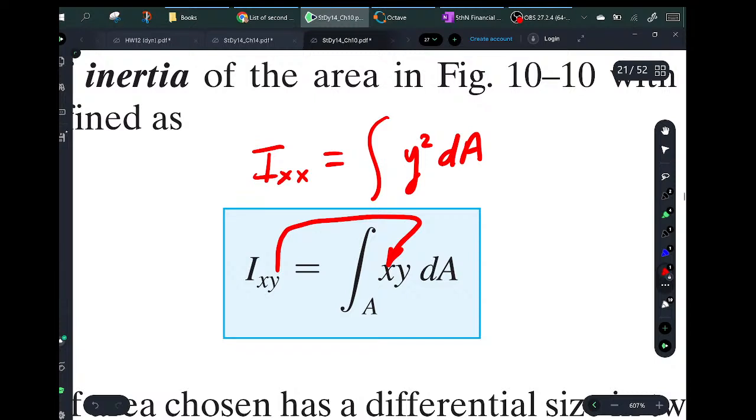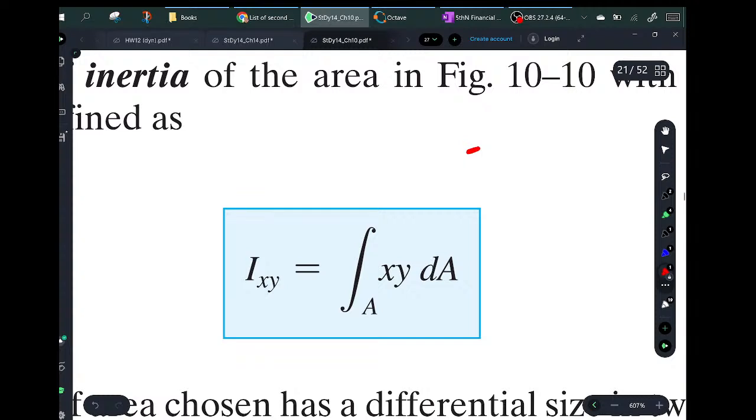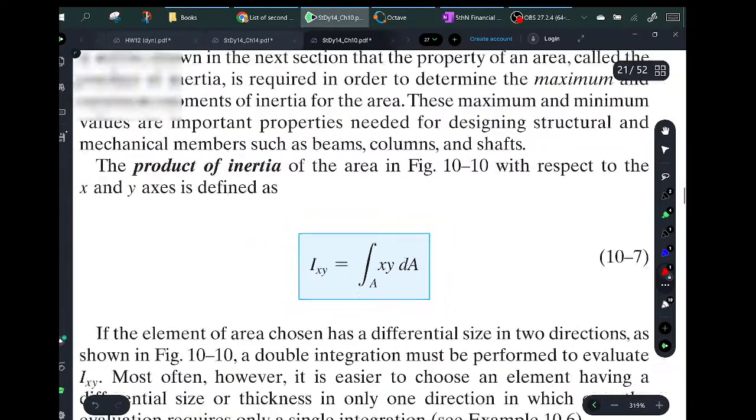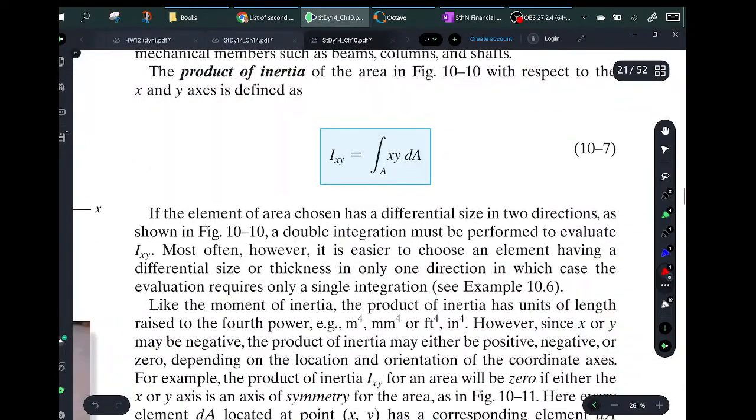So, in fact, it is a tensor. It should have two subscripts. And so that's the way I write it. So when you see me writing this, this is why, because there is a second order term, meaning this one and that one.